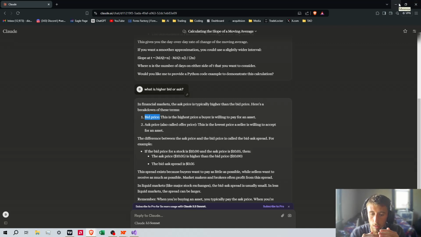So for a sell, we care about the bid price, because if you bought, you buy at the ask price, so you sell from the bid price.